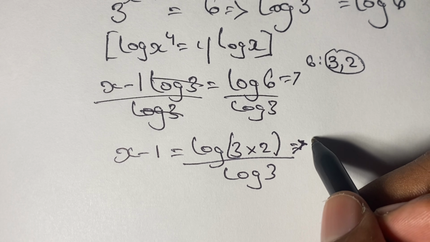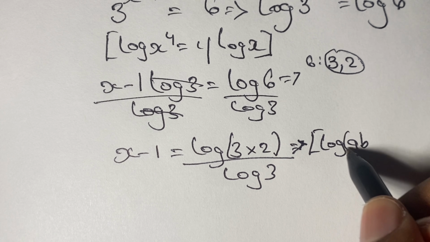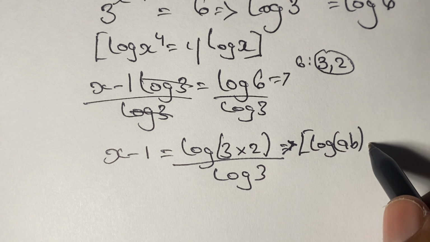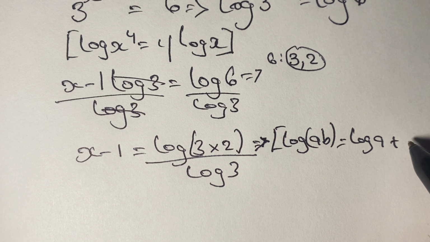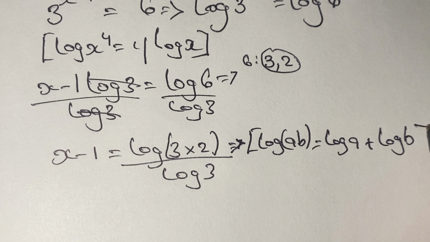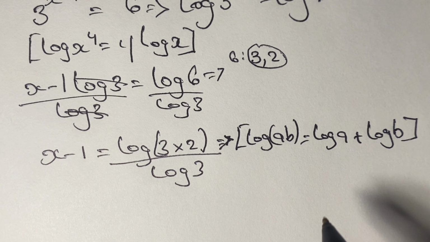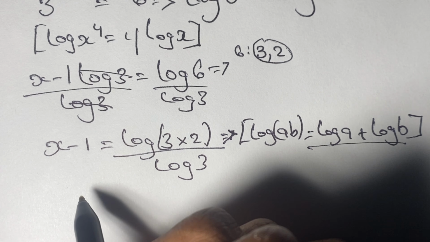Now in simplifying our equation, we'll be using this logarithm rule, where if we have log a times b is the same as saying log a plus log b. So we'll be applying this rule here in our equation.